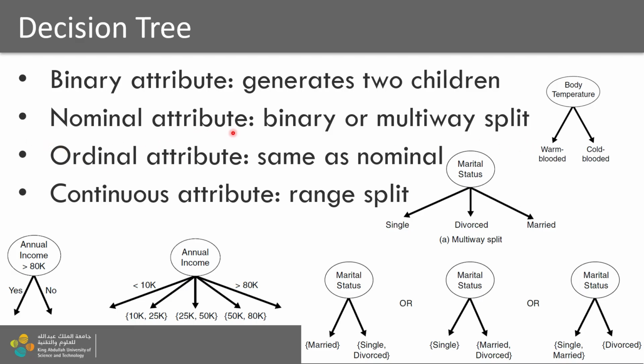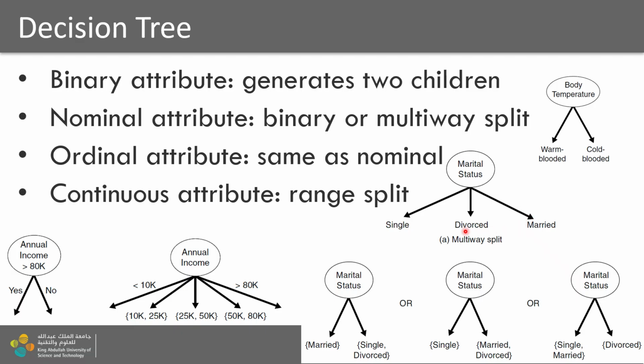Then we have a nominal attribute, which is a categorical variable that is not really ordered, but has more than two categories, for example the marital status. We can have single, divorced, married. Actually, there are other marital statuses such as widowed, and all these could form children of the nominal attribute.